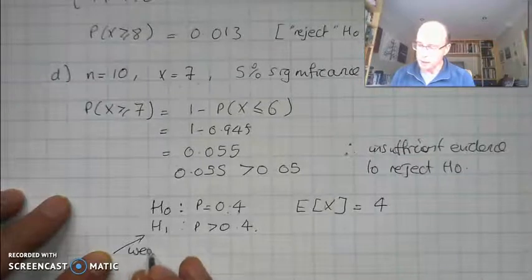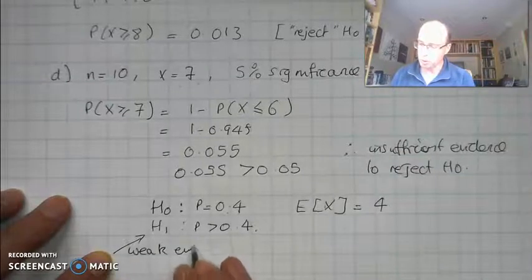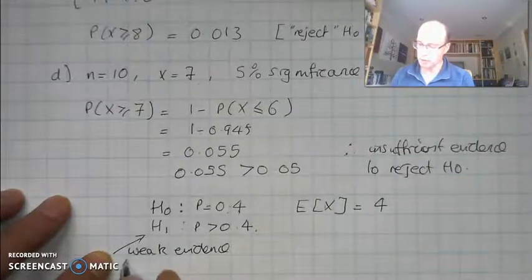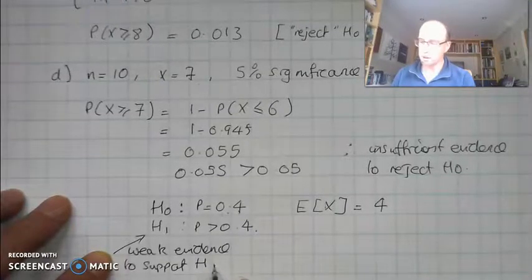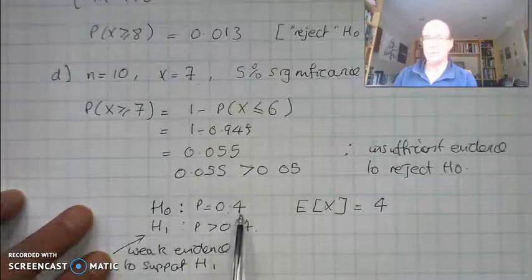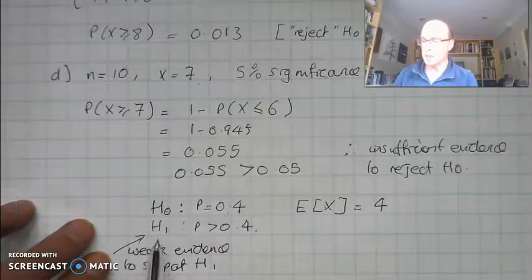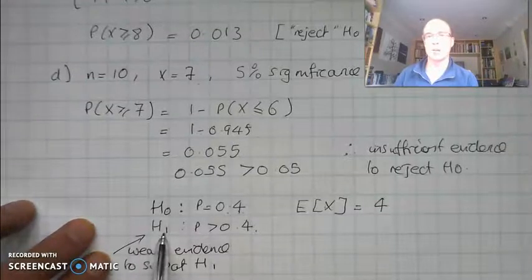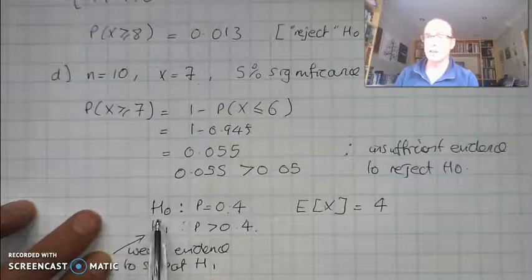I've got weak evidence to support H1. So the evidence doesn't support H0. It's because I've got 7 people and I was expecting 4. It provides weak evidence to support H1, and it provides very little evidence, if any at all, to support H0.